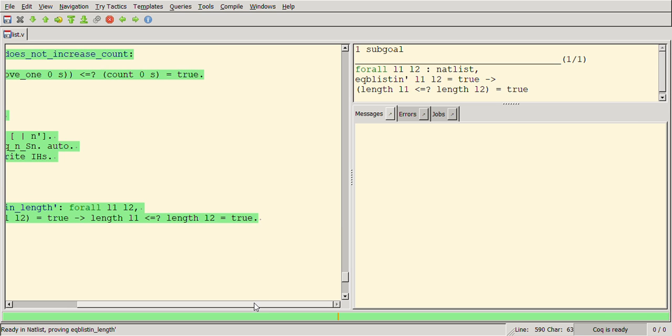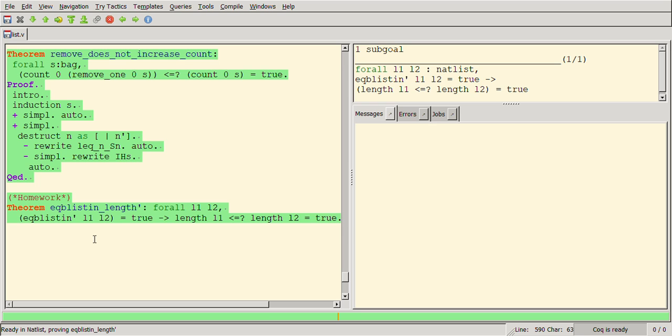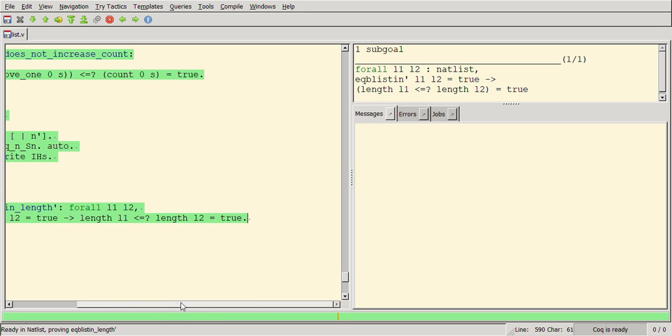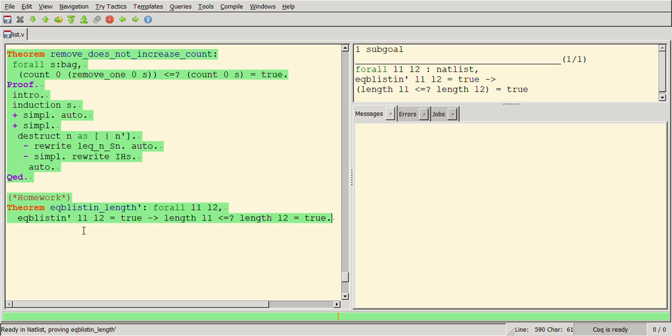Okay, so now it is accepted. So what I'm saying is that if this is this relation, I think we do not need the parentheses. Let me remove them because they're redundant. So what I'm saying here is that if L1 is a sublist of L2, then it must be the case that the length of L2 is greater than or equal to length of L1.